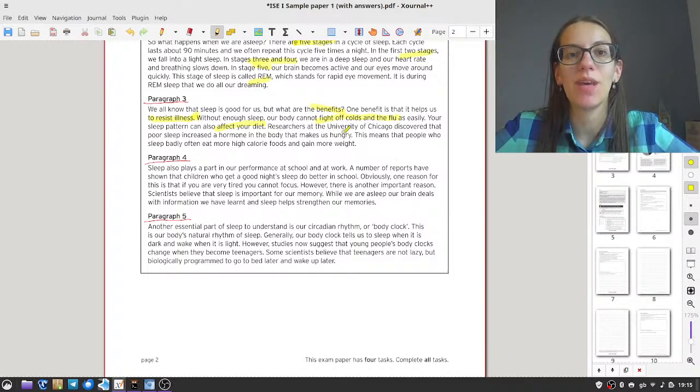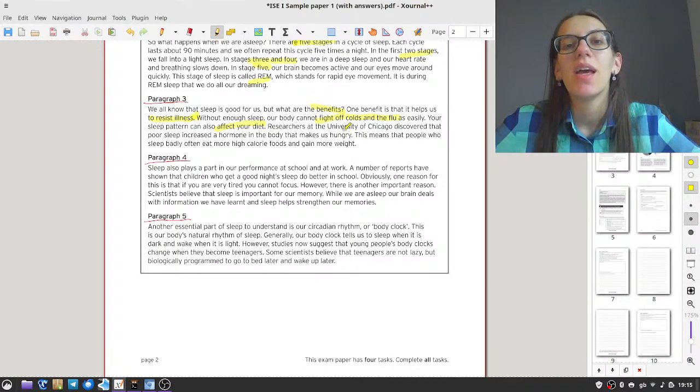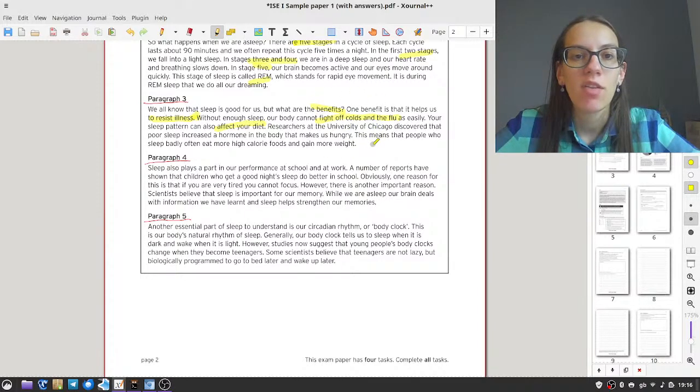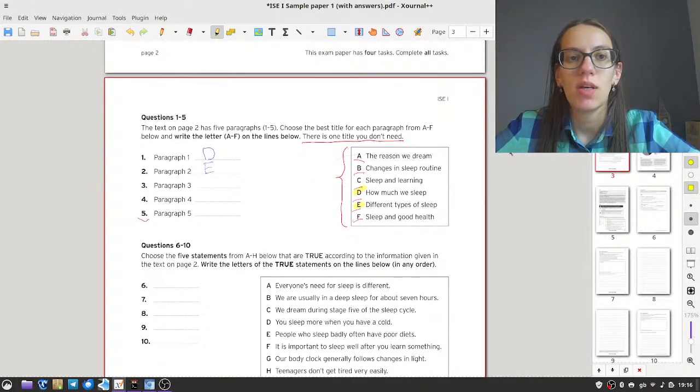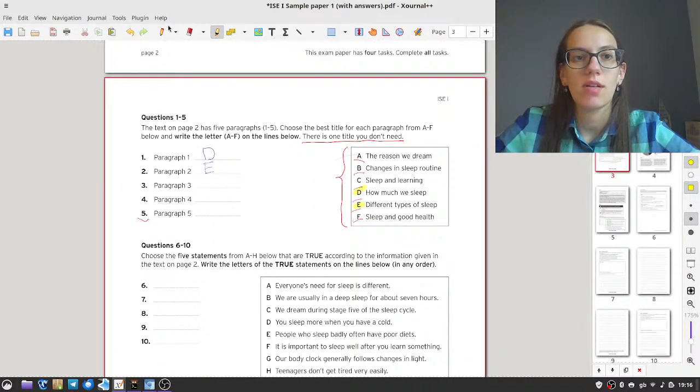So sleep in itself is important so that we don't feel sleepy. Yeah, but also there are other benefits like resisting illness and having a better diet. So let's see which option is close to this. Something about health.